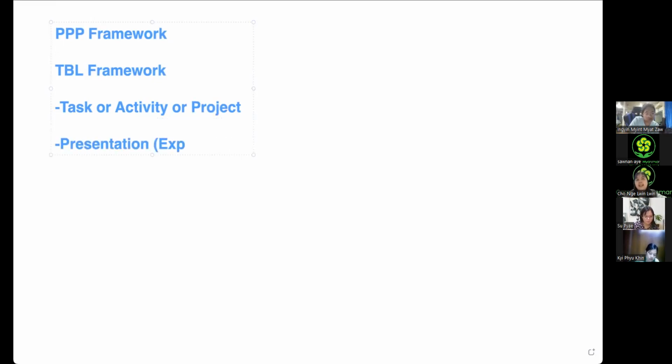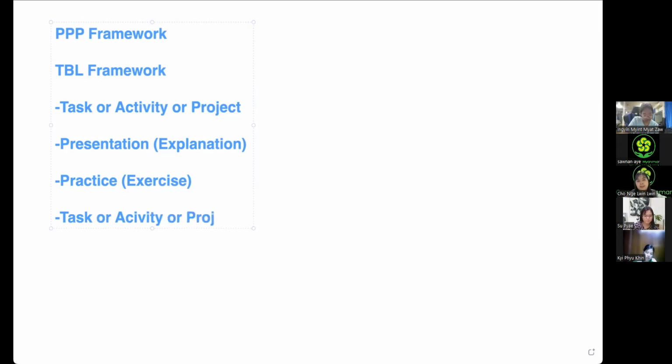Presentation is a kind of explanation stage, and then they know it through your explanation. Now we are going to do the practice section one more time, exercise again. And finally, we can create another task or another activity or another project work. So that is a framework for teaching with TBL.